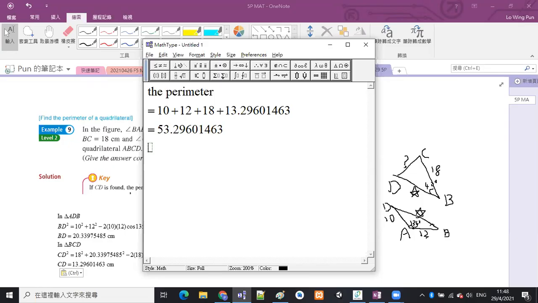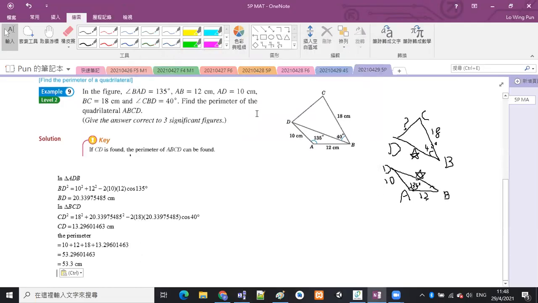Because this is the final answer, we may correct this to 3SF. Should be 53.3 cm. That is the answer. Can you follow?